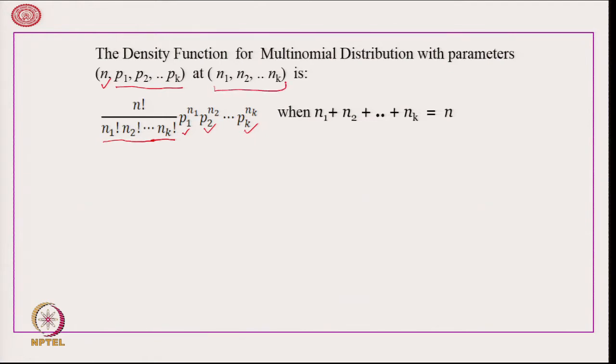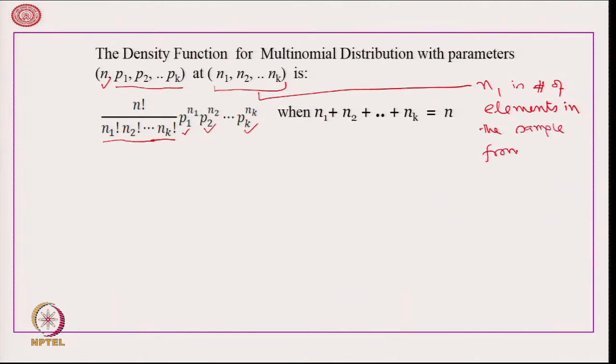where n_1 is the number of elements in the sample from class C_1, similarly n_2 from C_2 and n_k from C_k. n_1 plus n_2 plus ... n_k is equal to n, the total number of samples.